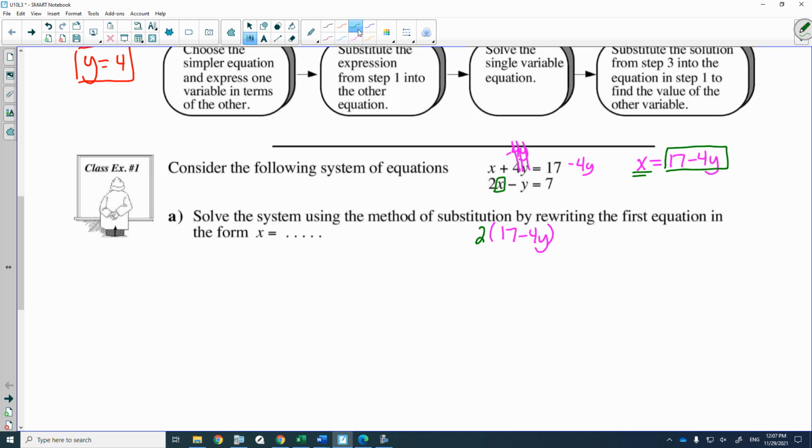Carly, make sure you're getting this. Minus y is equal to 7. Get rid of your brackets. So get that 2 distributed inside. You're going to have 34 minus 8y minus, this guy's 1y, it's equal to 7.